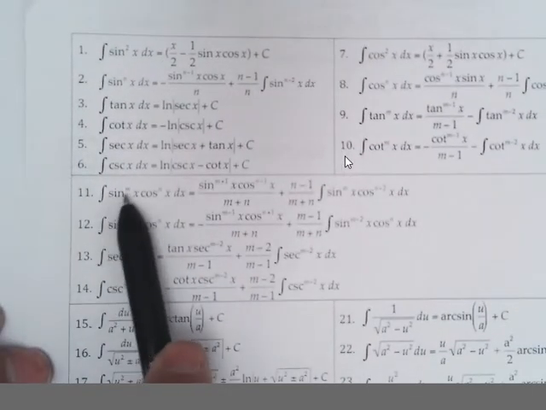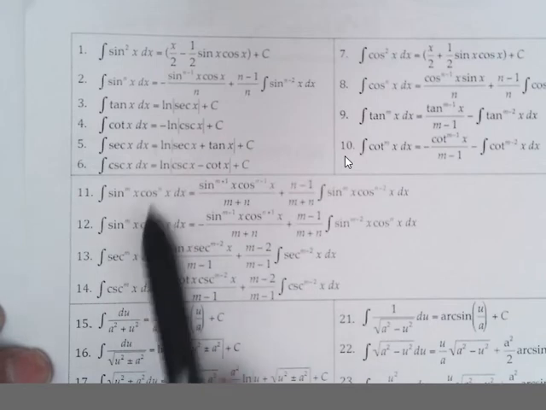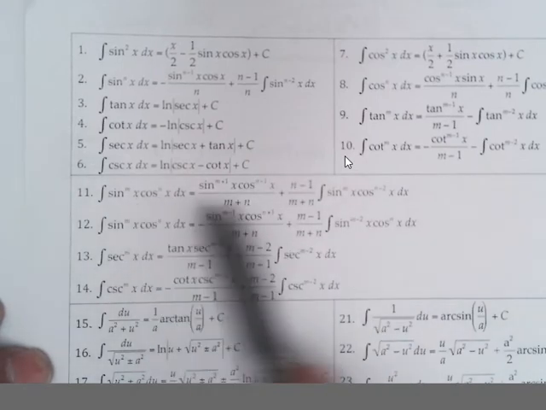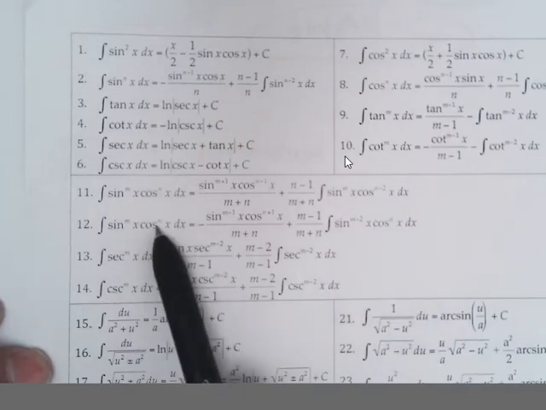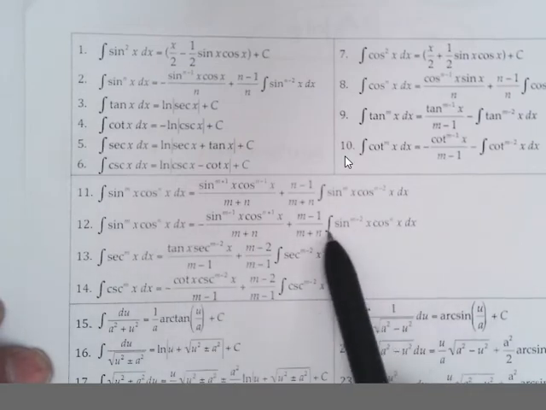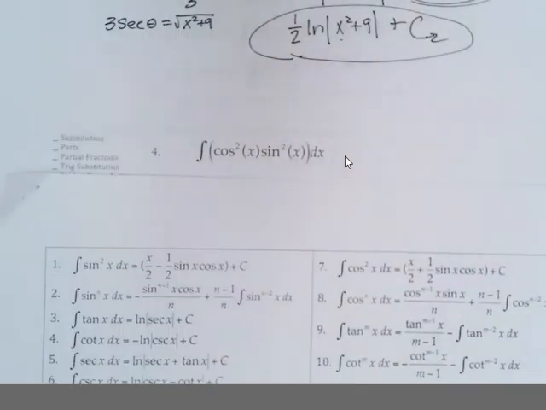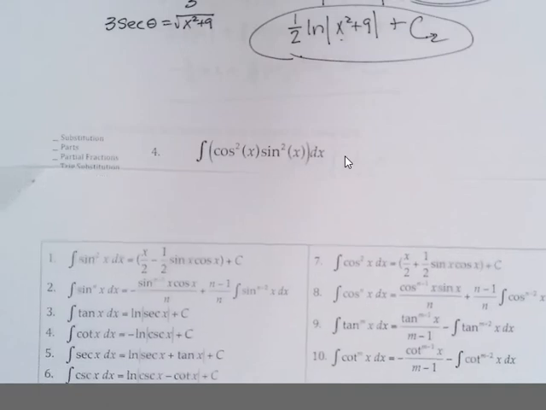Here's a sine to some power, cosine to some power, and that shows up twice. This one will reduce the power of the cosine by 2. This one will reduce the power of the sine by 2. Since these are equal in power, it doesn't really matter which one I start with. So I'm going to start with 11.